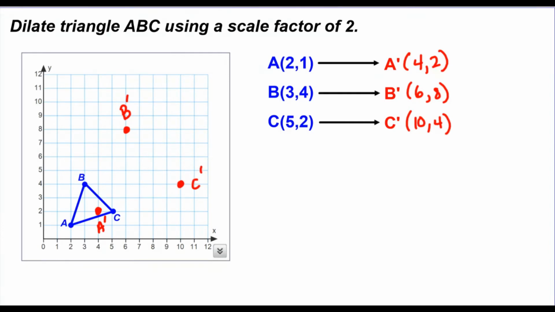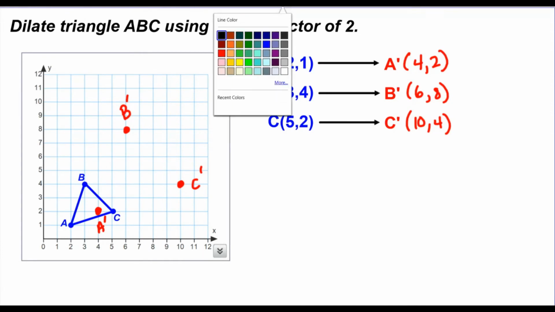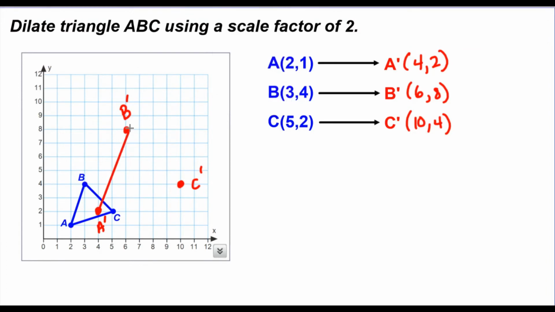So those are the vertices of my triangle, and let me connect these here. And you can see we have produced the exact same triangle, only larger. And more specifically, it is now twice as large. So triangle A'B'C' is a replica of triangle ABC. It is just now dilated, or twice as big as the original.